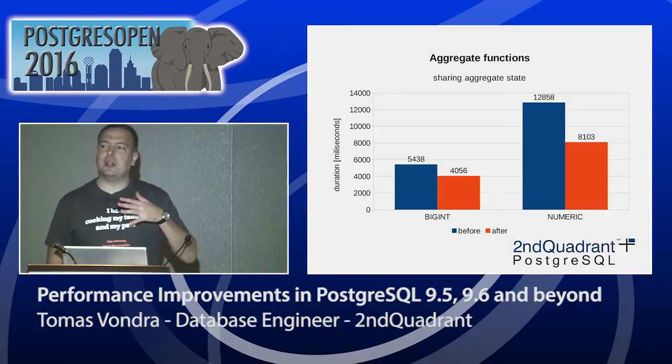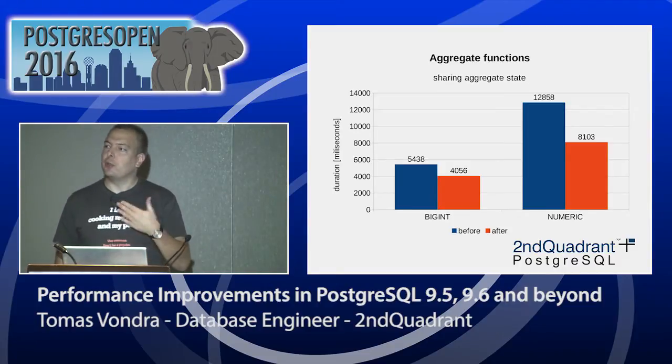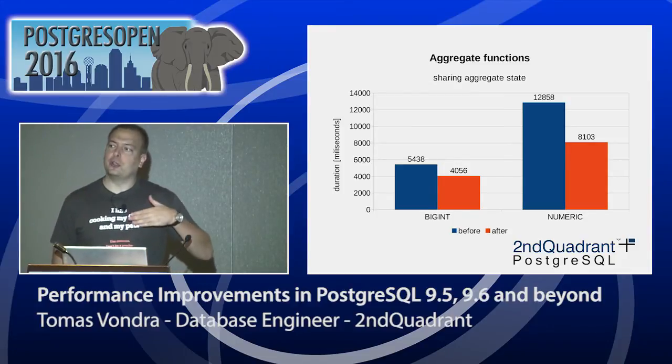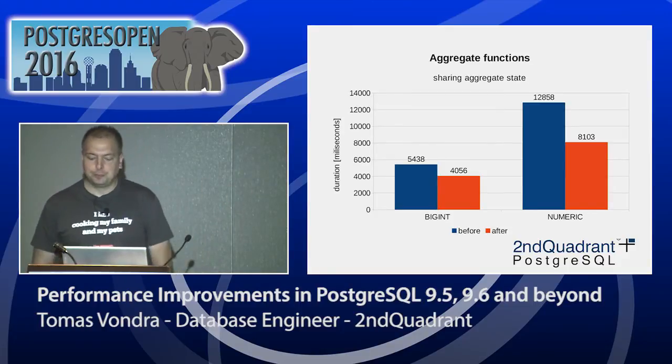And it depends. I mean, the effect depends on the data type, because if you work with big integers, the 64-bit integers, that's very fast, but doing computations on numeric is much more expensive. So if you actually reduce the amount of computations with numeric, it's much more significant than with big integers.